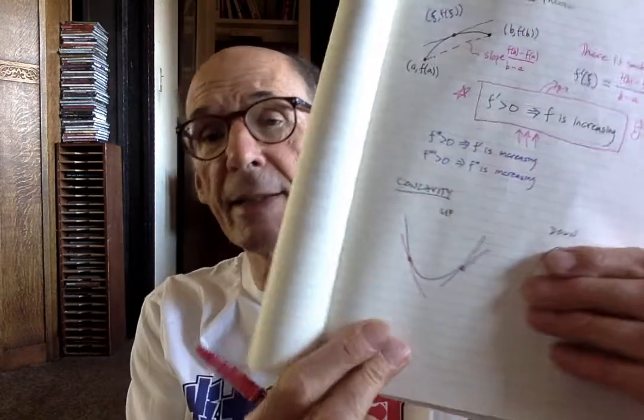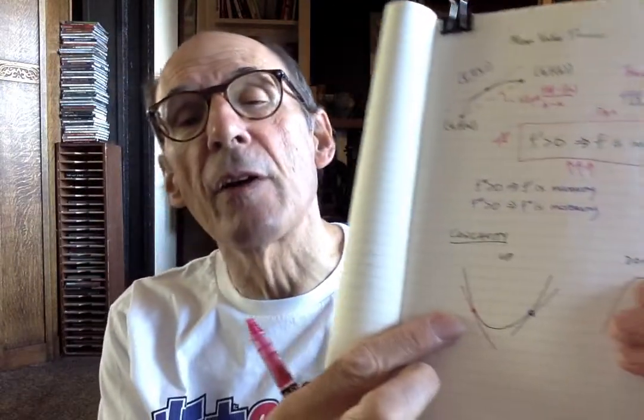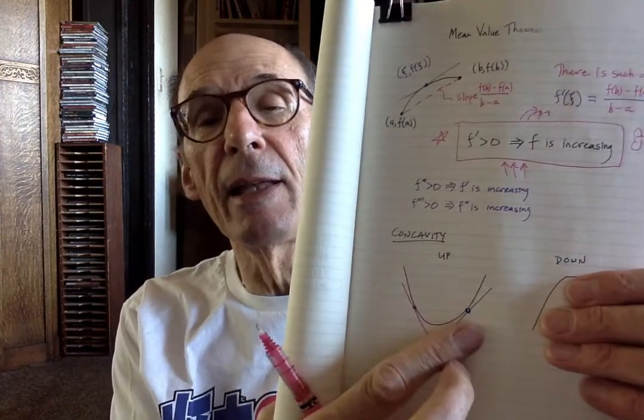So in this case, what we have is the derivative starts off being negative and ends up being positive. So I'm just going to write that informally. F prime is negative, and then f prime is positive. Well, you know what? When you go from negative to positive, that's an increase. You don't need to know negative what to positive what. Something starts negative and ends up being positive, that's an increase.